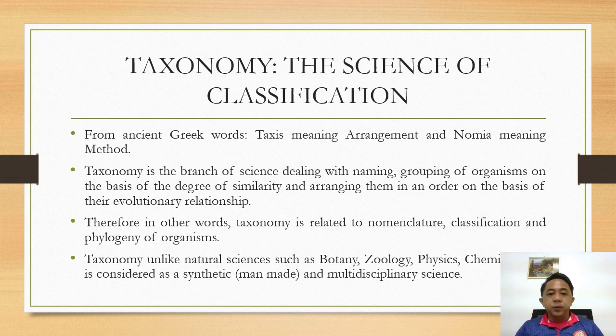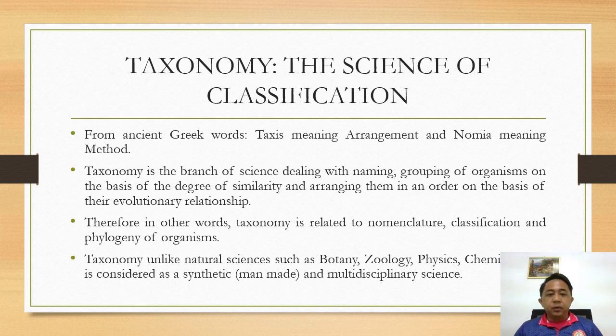Okay. Continuing, we have words that are related to our study, such as nomenclature, classification, and phylogeny. All of these words are not new to you because we have already encountered these words in your general taxonomy class. Okay. Now, taxonomy is very similar to other fields of biology, particularly botany, zoology, and also related sciences like physics and chemistry.